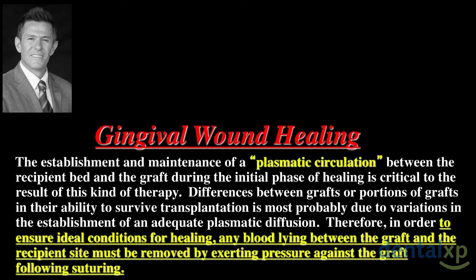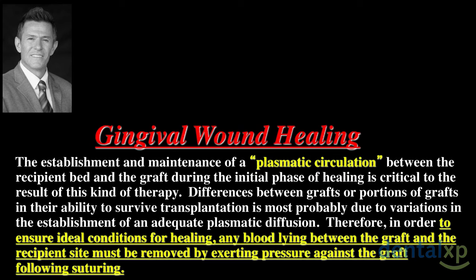When you think about gingival wound healing, I think we still have to think biologically. And I think we have to consider that we need to establish and maintain a plasmatic circulation from the periphery of the wound, from our bed preparations, from maintaining the periosteum. And also we have to consider, to ensure ideal conditions for healing, the blood that pools up between the graft site and the bed preparation should be thin.